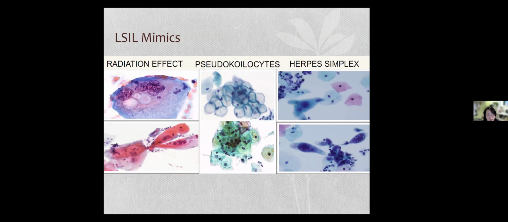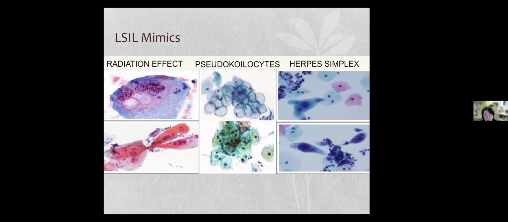So, low-grade SIL mimics, I want to point them out. In the upper left corner, the first picture is radiation effect. You can have nuclear enlargement, but with a low NC ratio. The next is plasma coagulation, and that's all pointed out. Patient history matters, so combine everything.